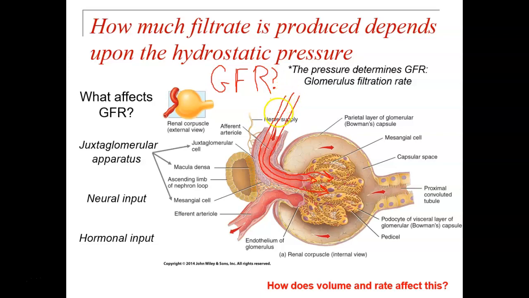Well, think about the fireman hose. If I turn the spigot on just a little bit, it just barely shoots out at the end and it just barely swells the hose. If I crank that up, now the hose is expanded as much as it's possibly going to. So if we increase the amount of blood traveling into the glomerulus, we're going to produce a greater amount of filtrate.